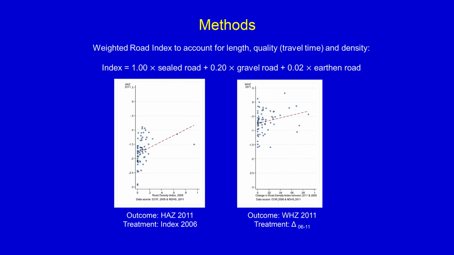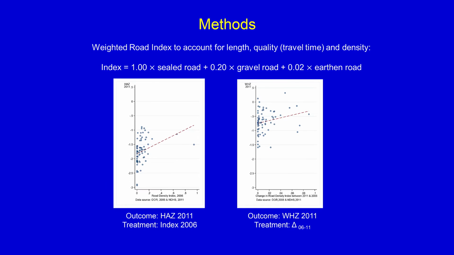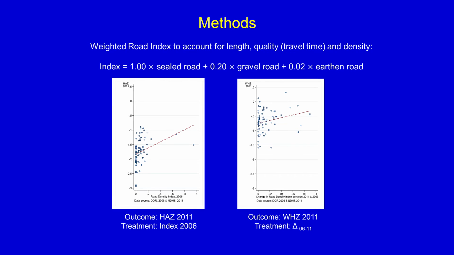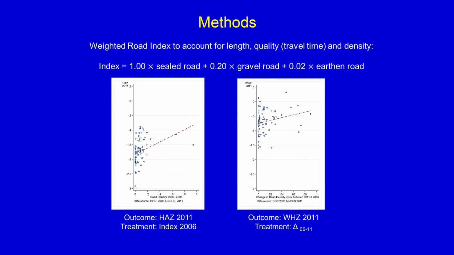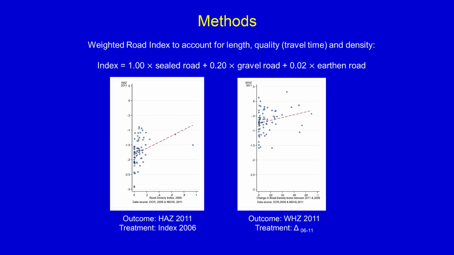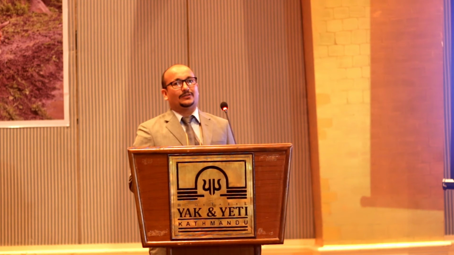And as we know, height for age is a measure of long-term child nutrition outcomes. Therefore, we consider the road index in 2006 as a treatment for the outcome height for age in 2011. And we know that weight for height Z-score is a short-term measure of child nutrition outcomes. Therefore, we consider the change in road density index between 2011 and 2006 as a treatment for the outcome weight for height Z-score in 2011.